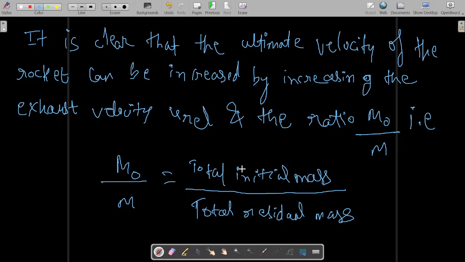So only if the fuel is completely burnt out, and the fuel is very heavy, in that particular case, this situation will arise that initial mass is much higher than the residual mass after burning out of the fuel. So m naught over m ratio can be increased by taking a heavy fuel, right? So m naught over m will increase because of that.